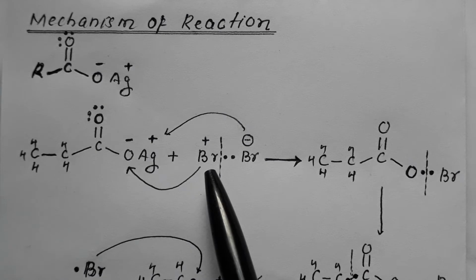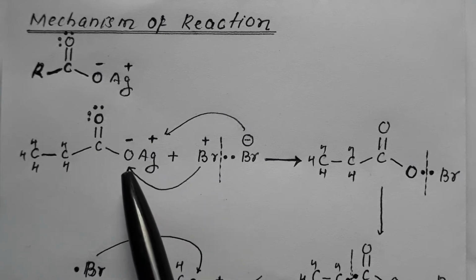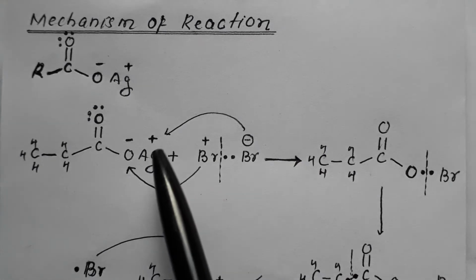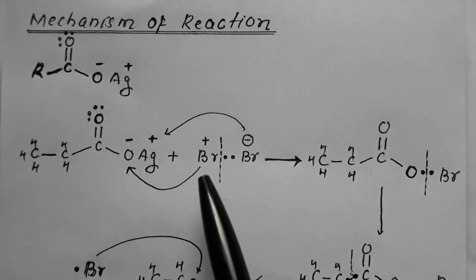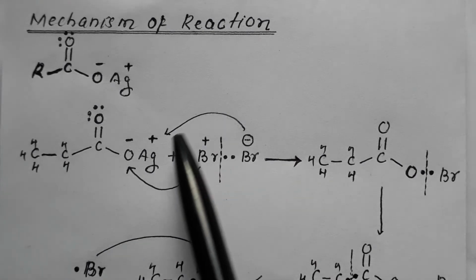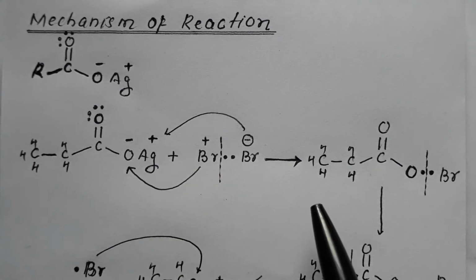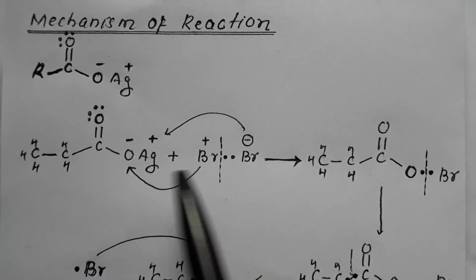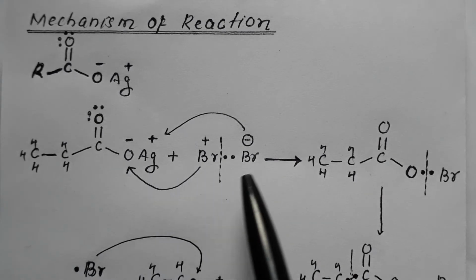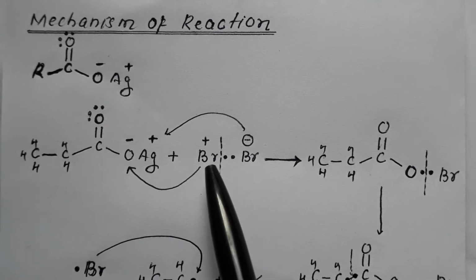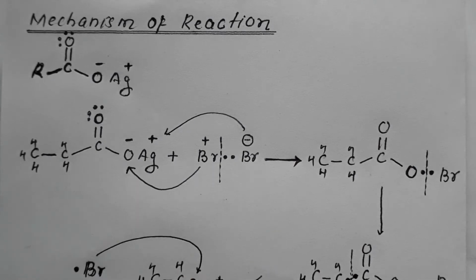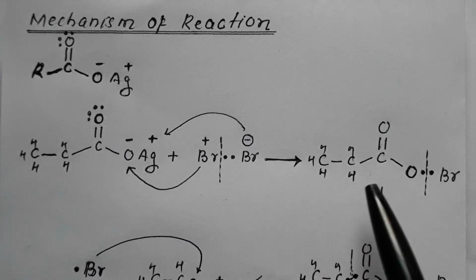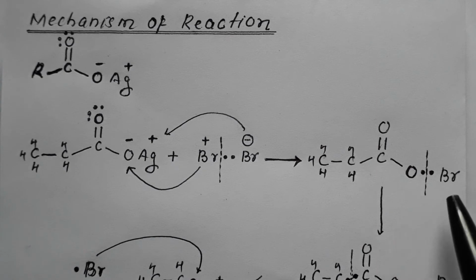This positively charged bromonium then attacks the negatively charged oxygen, and the negatively charged bromide attacks the positively charged silver. The positive attacks the negative, and the negative attacks the positive. So this Ag plus Br minus goes in the form of AgBr, and this Br attaches to the carboxylate ion, resulting in formation of CH3CH2COOBr.